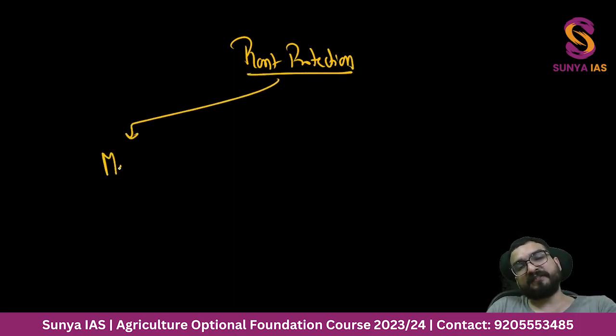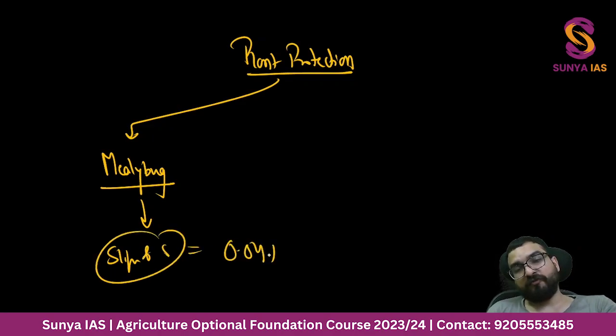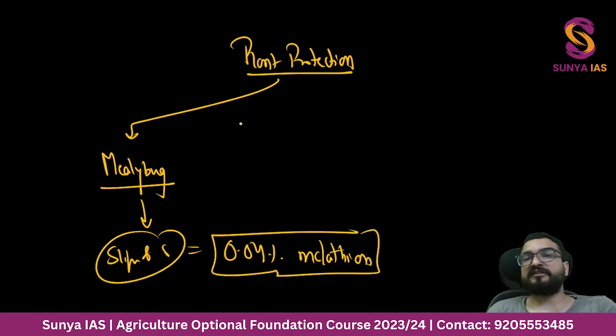If you talk about plant protection over here, under plant protection, one major pest is mealybug. And mealybug you have seen on almost all the plants, right? Over here to control it, your slips and suckers should be dipped in 0.04% malathion. Okay, now what is malathion? You will do it in unit number 6 of plant protection.